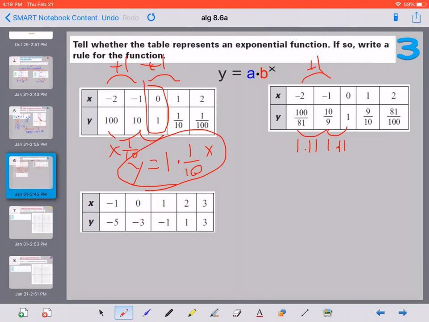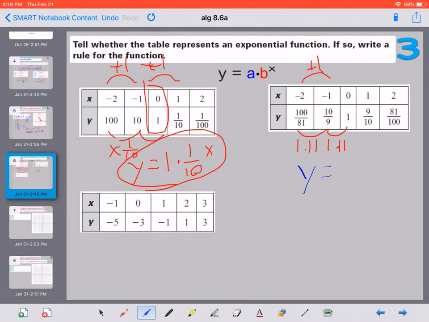So what we're multiplying by here is, excuse me a second. We are multiplying, okay, so I got it.